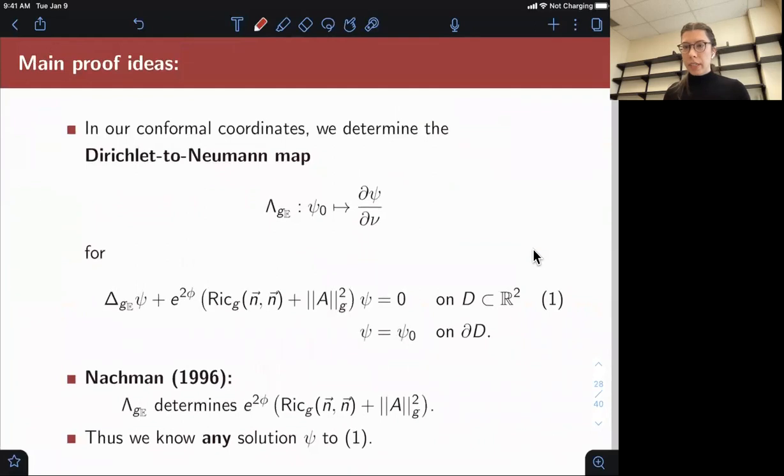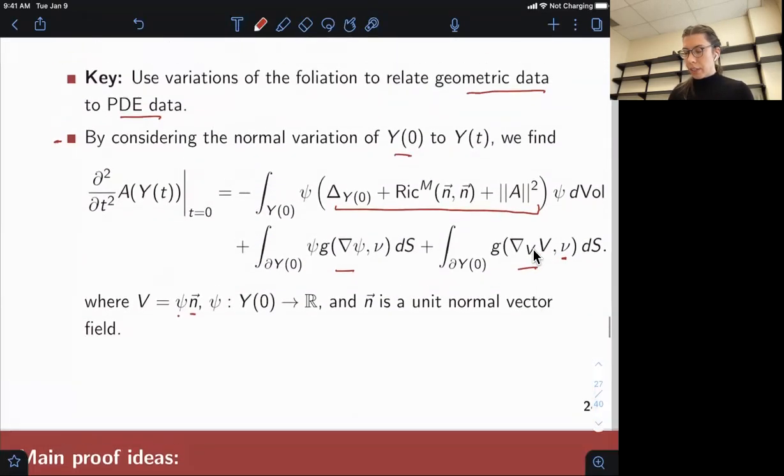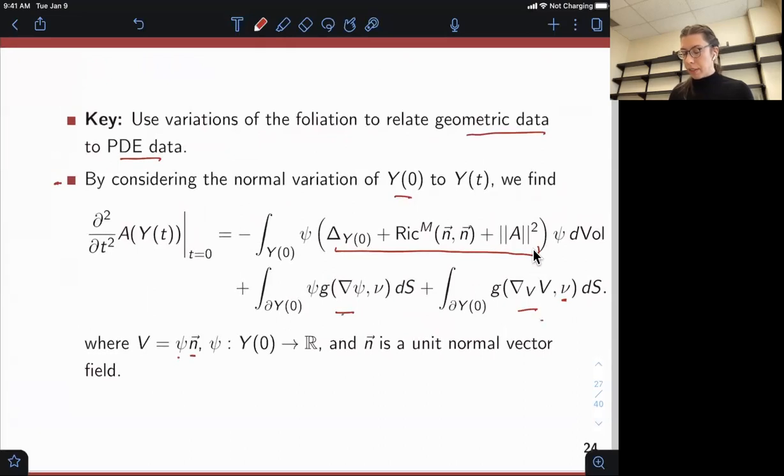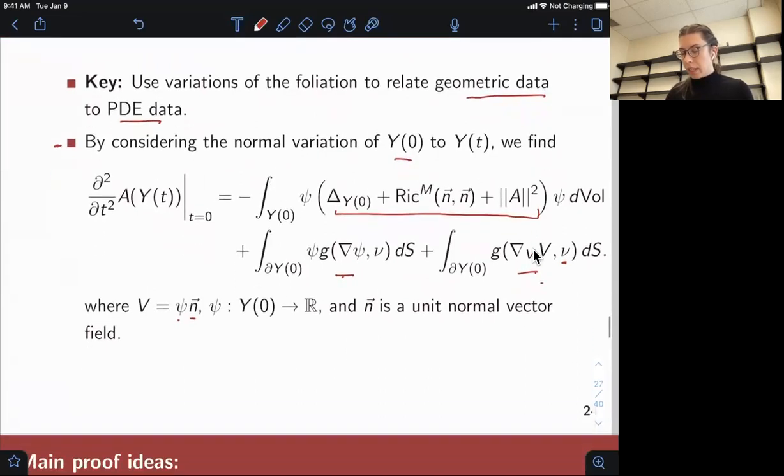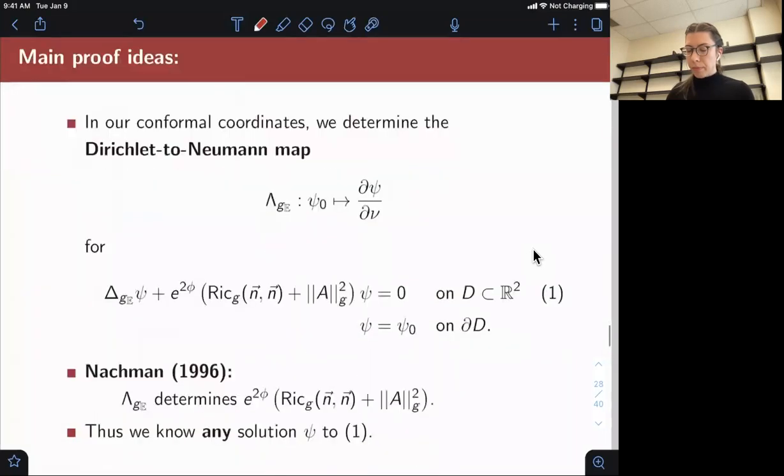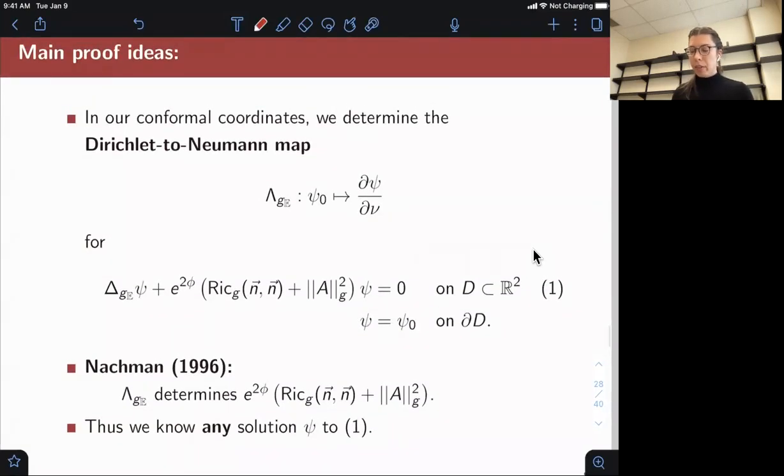So now in this coordinate system that I've imposed, what we see from taking the second variation in area from these boundary components is that I actually learn the Dirichlet-Neumann map for the stability operator that sits on the surface.